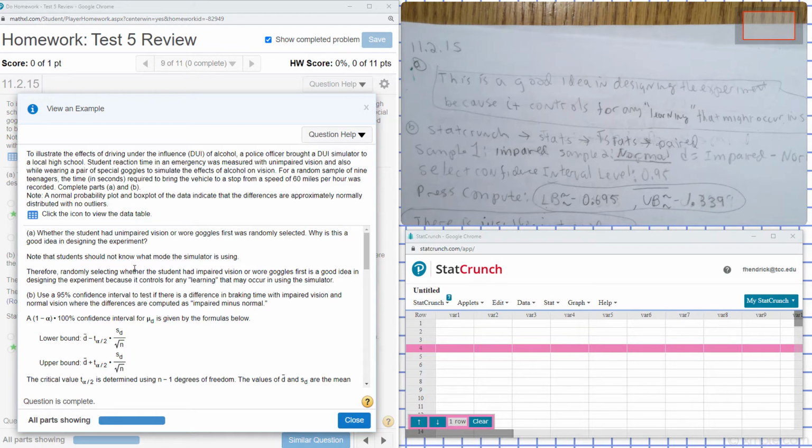Therefore, randomly selecting whether the student had impaired vision or wore goggles first is a good idea in designing the experiment because it controls for any learning that might occur.